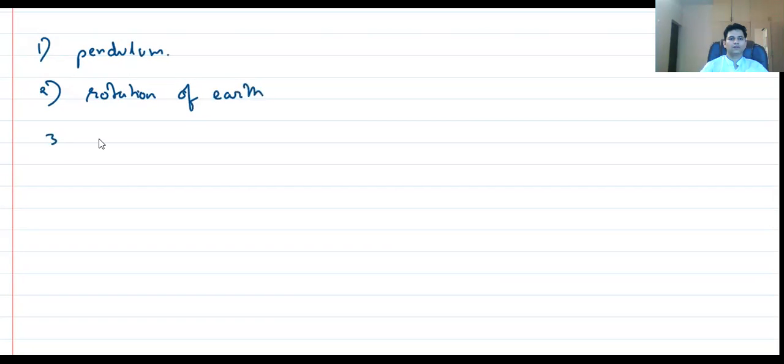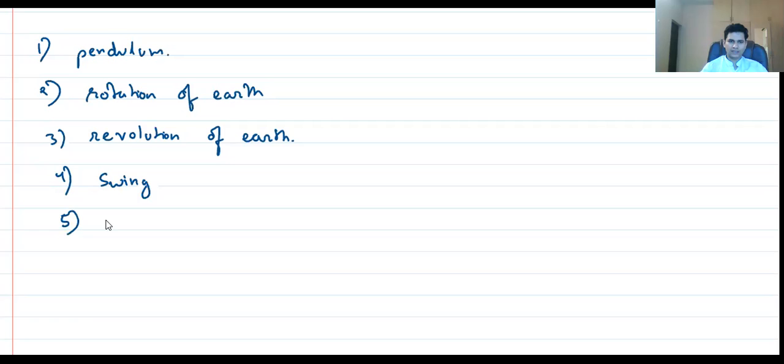Third, revolution of Earth. Then think about it, there are some more. Swing, which is just like a pendulum. Then yes, clock hands. Very good.